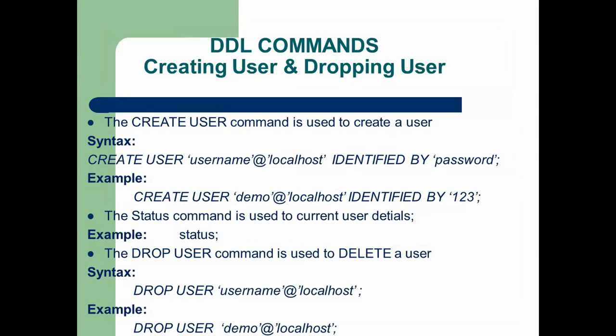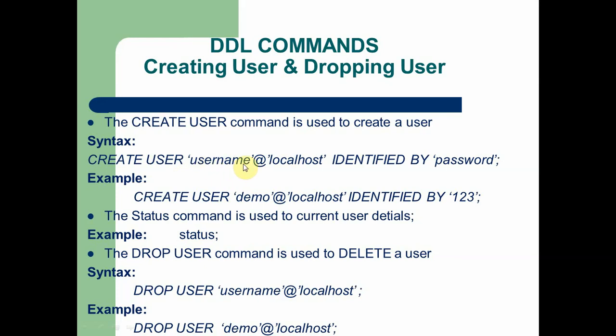Now the last command of this chapter in DDL commands is creating a user and dropping a user. Of course, there is a way of creating our own user where we can use our own username and password. The simplest way of creating a username is the CREATE USER command with the syntax.